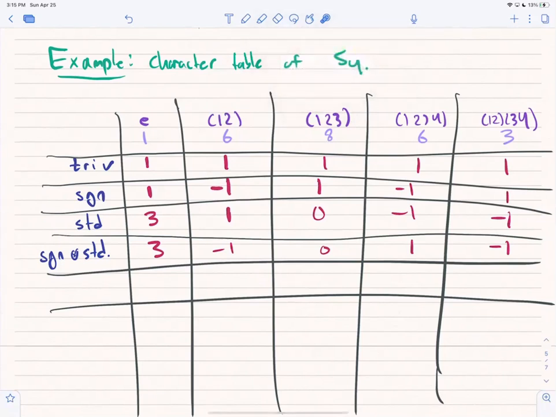In general, characters take values in roots of unity, and this is something we saw already. So when you tensor with a character, you're just multiplying all of your entries by some roots of unity. You're not changing whether something is irreducible, because you're not changing its inner product with itself.